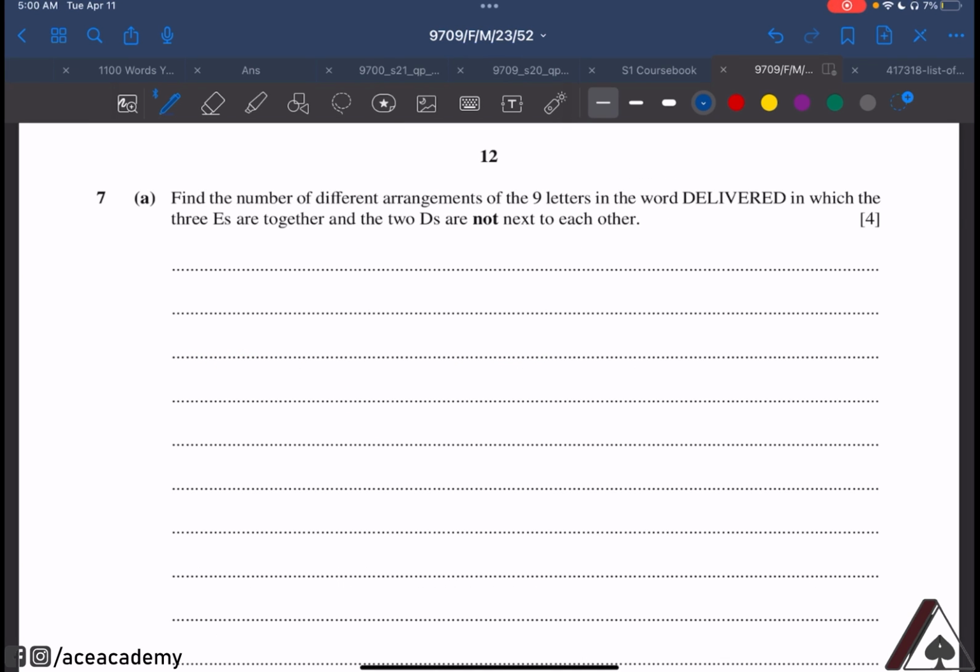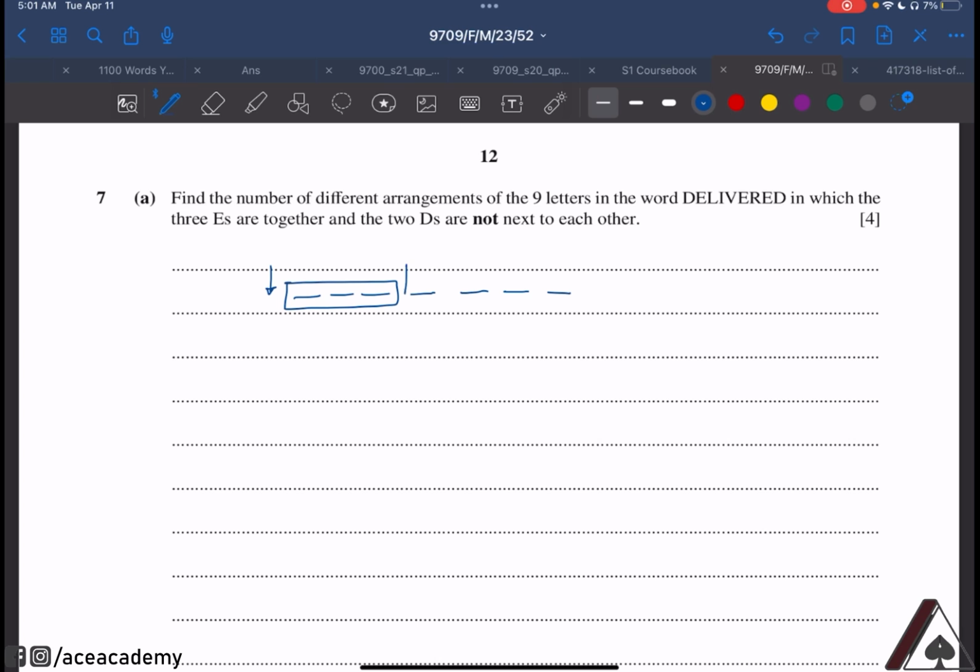Question number 7. Find the number of different arrangements of the letters in the word delivered in which the three E's are together and the two D's are not next to each other. Okay, so let's assume these are the three E's which are together, then 3, 4, 5, 6, 7, and then the two D's will not be next to each other.